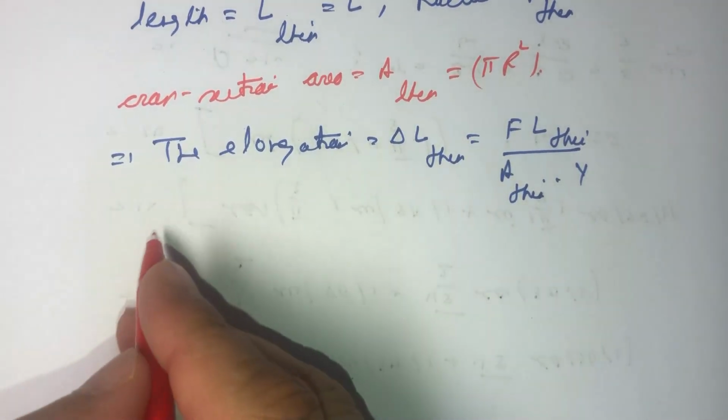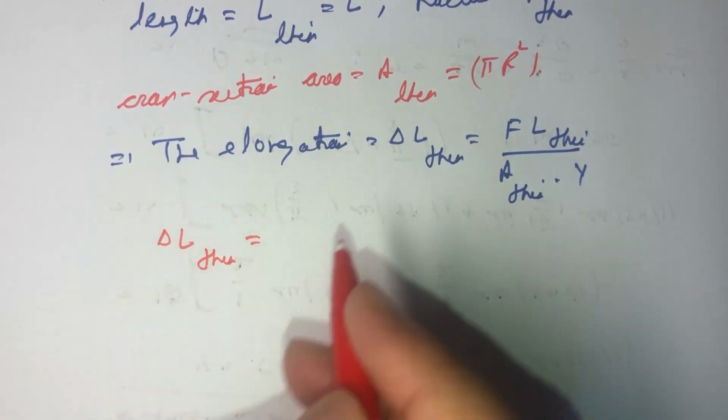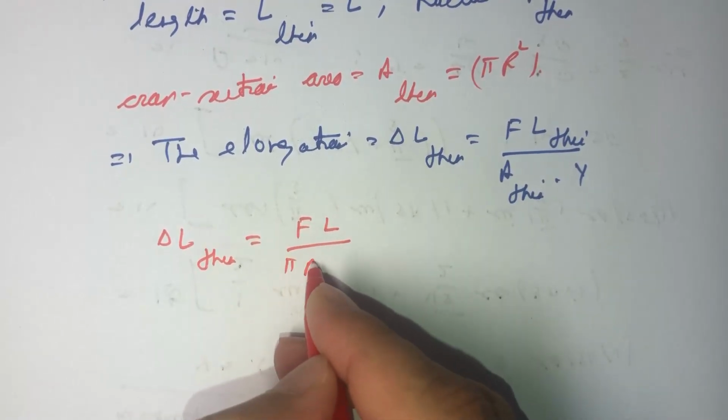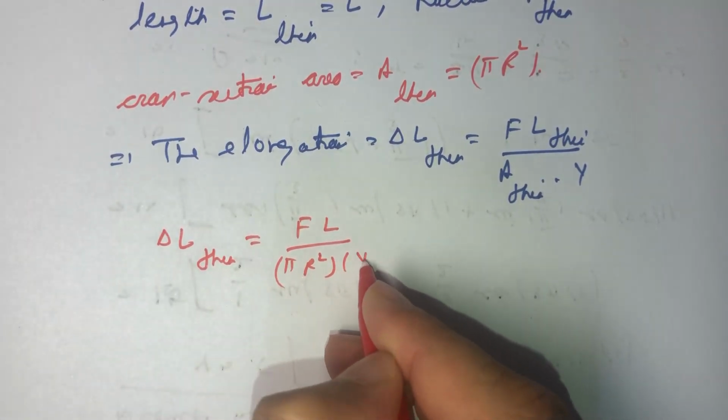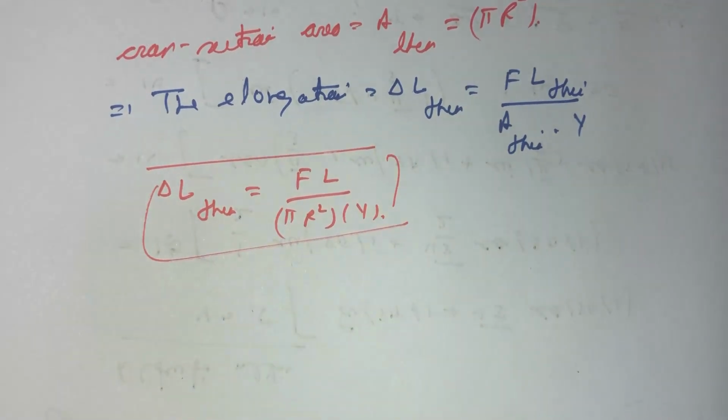So substituting the values, we get delta L for thin wire is equal to F multiplied by L, and here we have pi r square multiplied by Y.